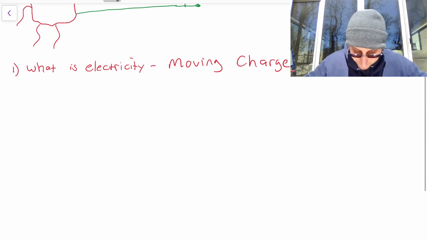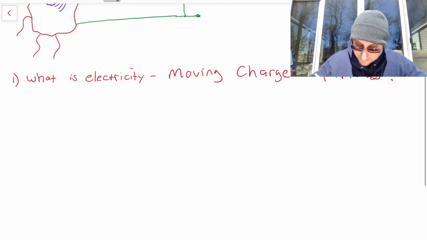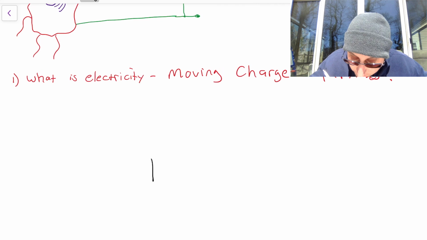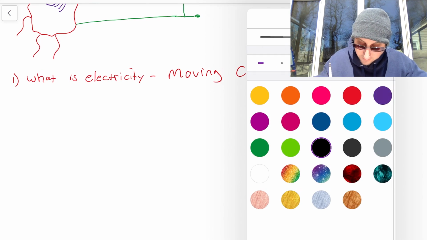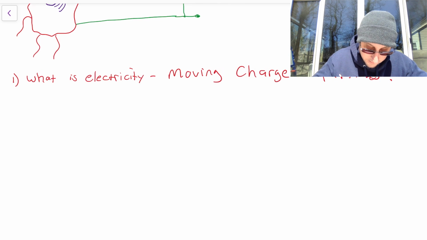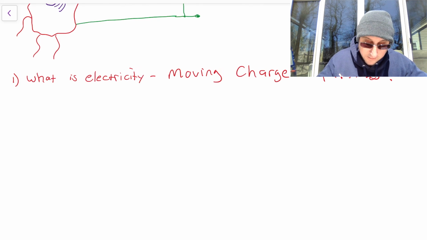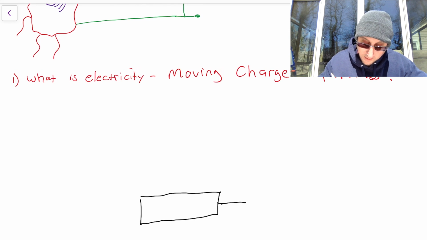So for you physics people out there, this one's right up your alley, and this is something that I actually can draw here. I love drawing these. I don't even know what color I'm using right now. It's so bright out here. I'm looking for my black color. There we go. Alright, so let's say we have something like this. And then we have this.